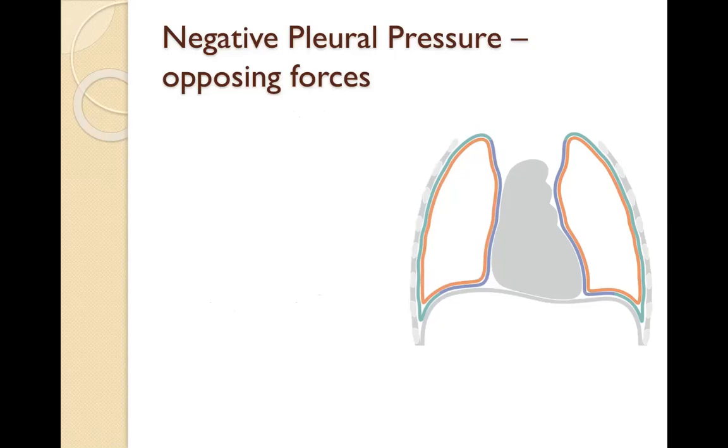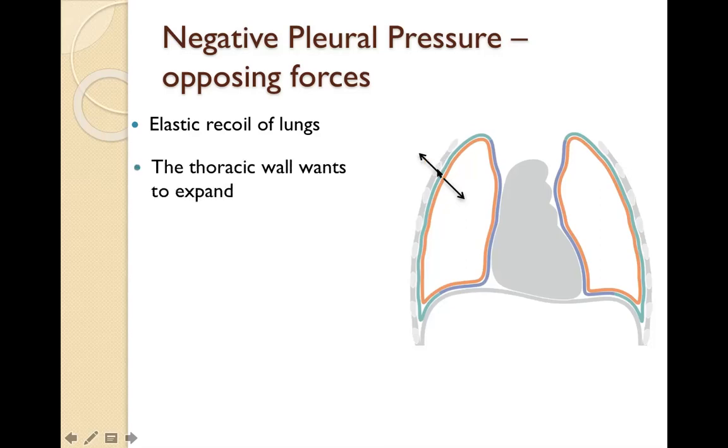And there are opposing forces in the lungs. The lungs actually consist of quite a bit of elastic tissue that wants to collapse the lungs down. And so there's a force actually pulling on the lungs to try to collapse them. And at the same time, the thoracic wall says, nope, we're staying right here.